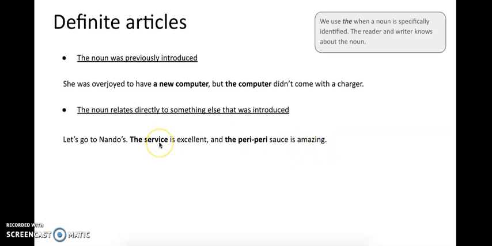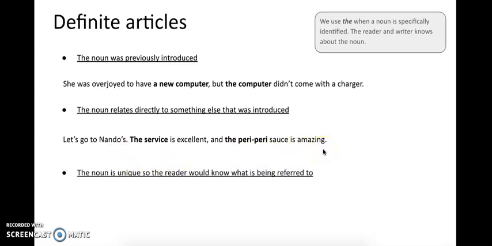Well, the service here is obviously the service at Nando's. And the peri-peri sauce is also referring to the peri-peri sauce that is served at Nando's. So the noun relates directly to something else that was introduced, and in this case, it's referring to the restaurant of Nando's.